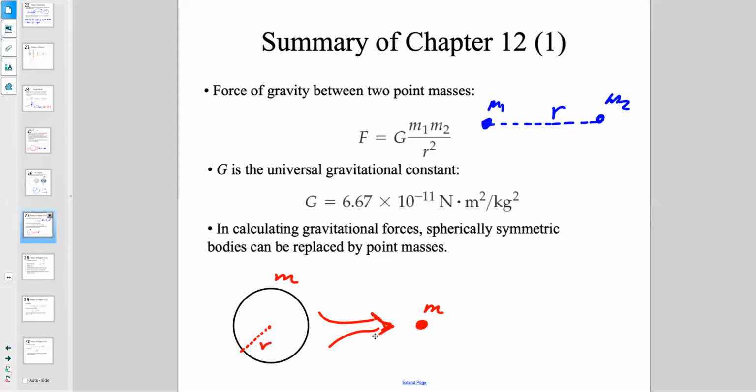So I can think or replace this spherically symmetric object, a planet, a ball, with a point. We know that this is not 100% correct way of doing it, but this is accurate enough that we can use this approximation.